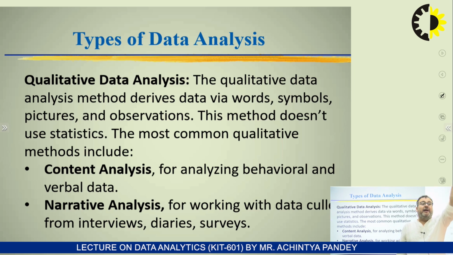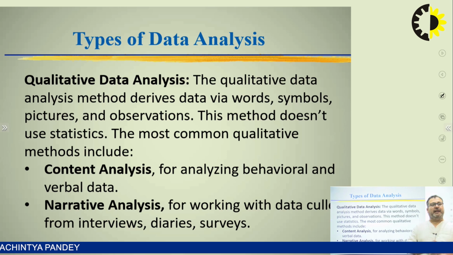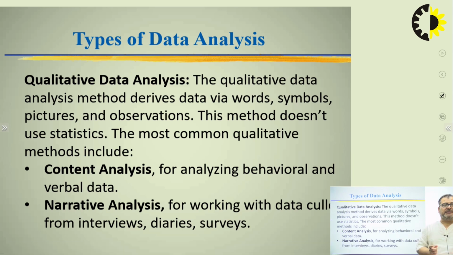The next type of data analysis is qualitative data analysis. Qualitative data analysis is of two types: one is content analysis, then narrative analysis. Qualitative data analysis methods derive data via words, symbols, pictures, and observation.